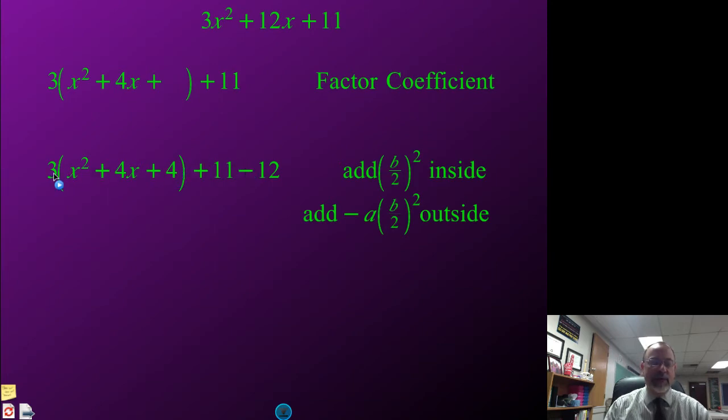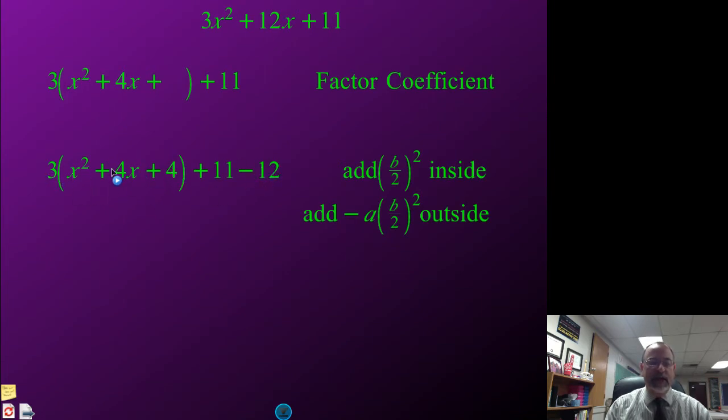But I have to remember that this 3 is going to be multiplied by this, so this 3 times 4 is a 12. So in order to balance that off, I add the opposite of that on the outside. So that's where this comes from. It's the a, which is the number out here, times the number I put in here. That's what goes out here, the opposite of that.